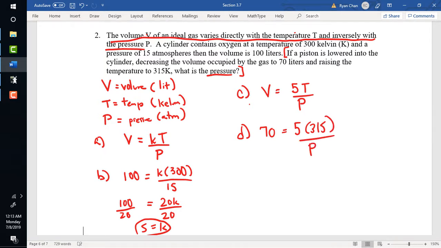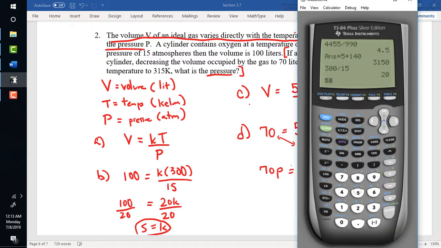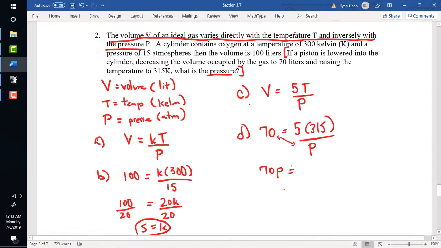So remember, how do I solve this? Just cross multiply this part here. So I have 70P equals 15.75, and then divide both sides by 70.